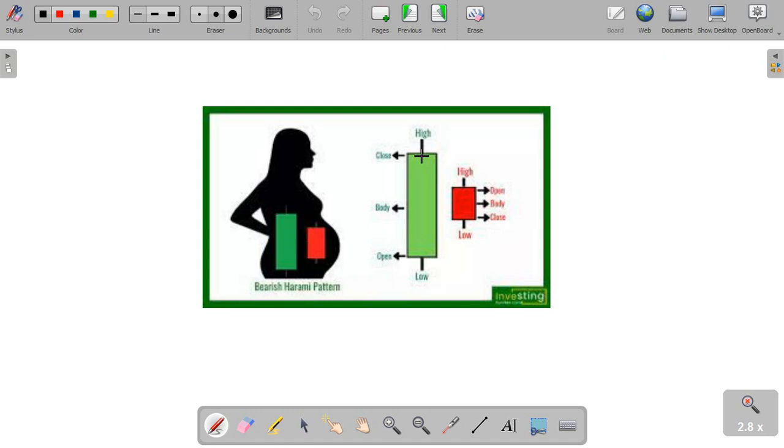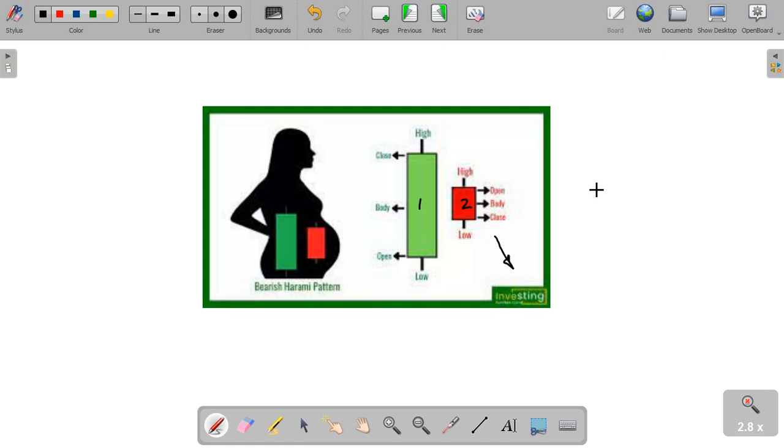You can see here there is a big body, and the complete body including wicks of the second candle is within the first candle. And then it is actually bearish, because the second candle is bearish, so the market actually will fall down.